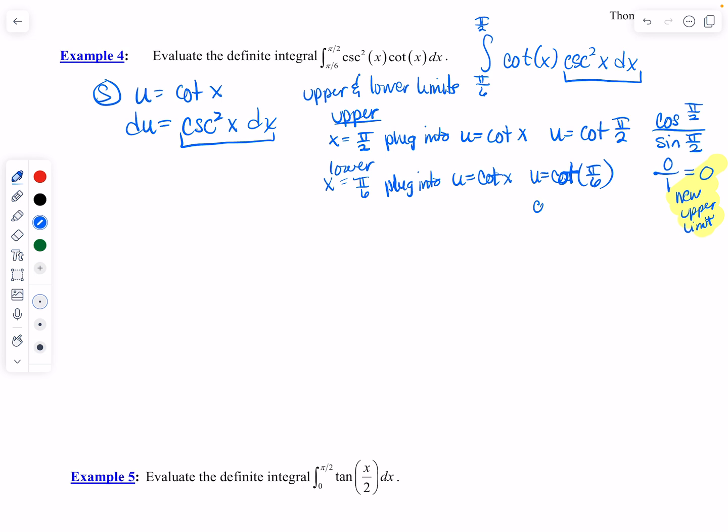So I get cosine at 30 degrees over sine at 30 degrees. Radical 3 over 2 is cosine at 30 degrees, and sine is 1/2. So radical 3 over 2 times 2 over 1 gives me radical 3. So this is my new lower limit.